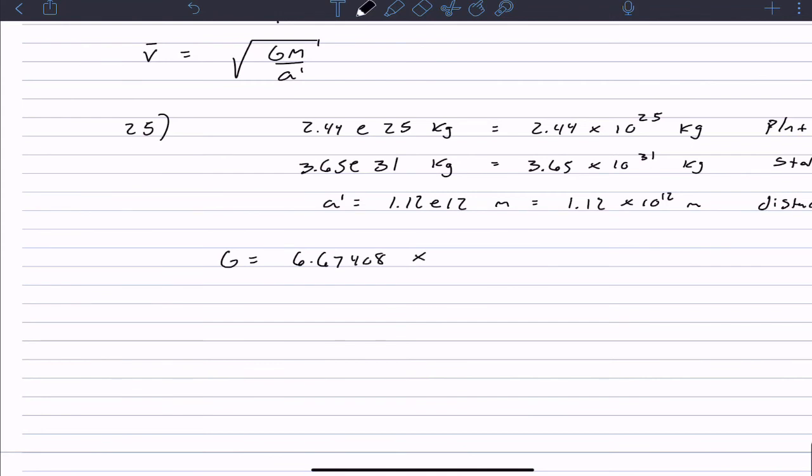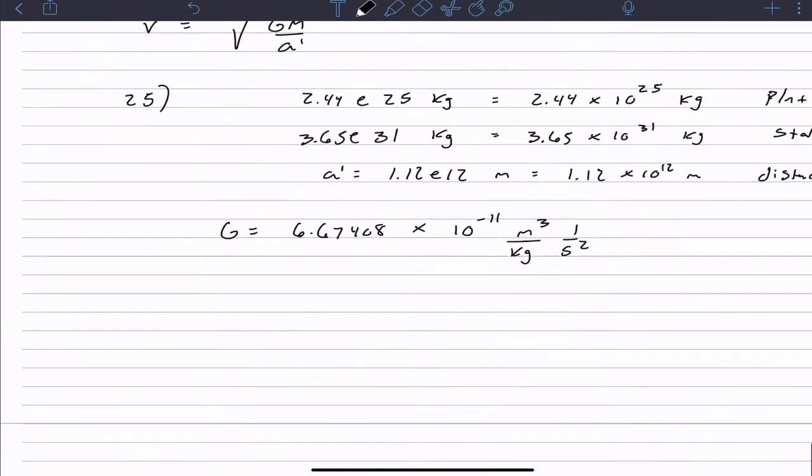You can just look this up on Google. That's what I just did. It's also probably in your book, but I'm just trying to make this super fast. So these are the units that you're given, kilograms over seconds squared, right? So you can check your units at the end as well.